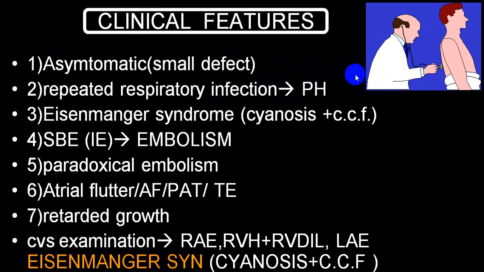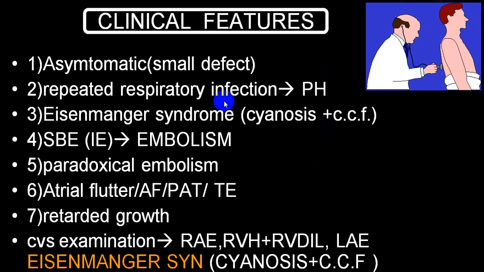Secondary to pulmonary hypertension, the person will have RVH, which will produce palpitation because of a big right atrium, atrial flutter and fibrillation, thrombus formation, thromboembolism, pulmonary artery thrombosis. Because of repeated respiratory tract infection, decreased appetite, and decreased intake of food, the person will have retarded growth.